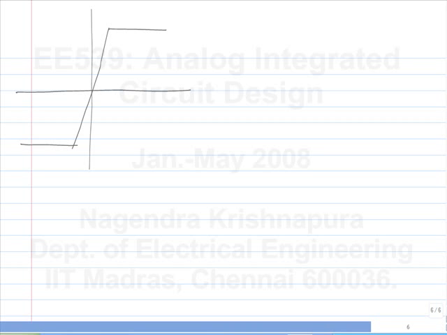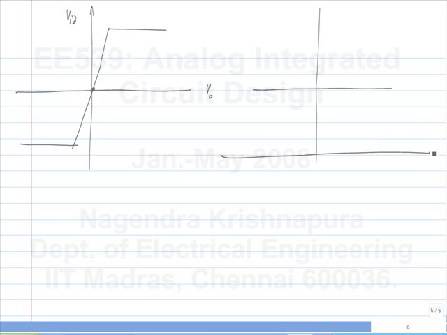What does offset voltage mean? So if you apply zero differential input, the output voltage will not be zero. This again you have to be a bit careful that we are operating with a single supply. So the zero of the y-axis is not here, right?